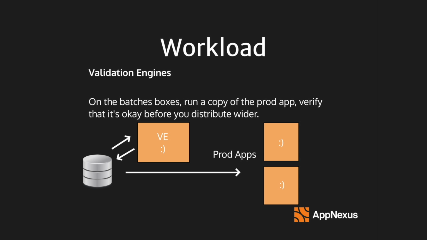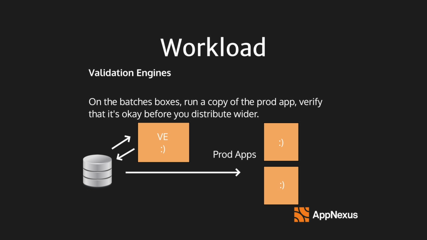So the batches system is going to send the diffs to a copy of the prod app that's not actually getting traffic. And before it distributes that data to the rest of the production plant, verify that everything's okay. A, that it didn't crash, and B, that it said, I think I'm consistent. So that's good. That VE responds, okay, I'm happy. And then we send the data out to the prod apps.